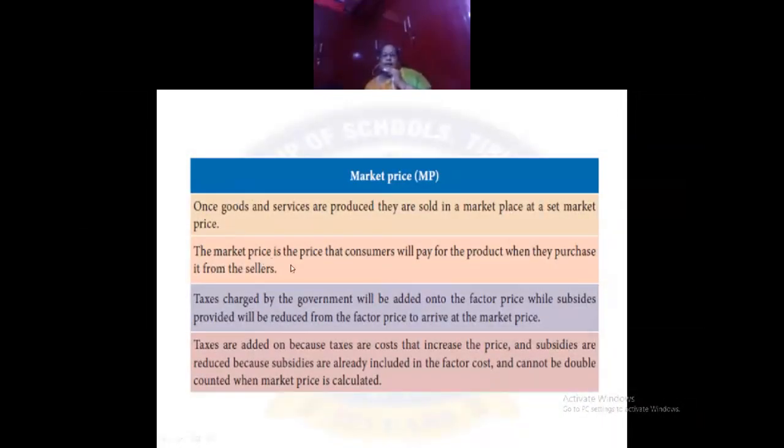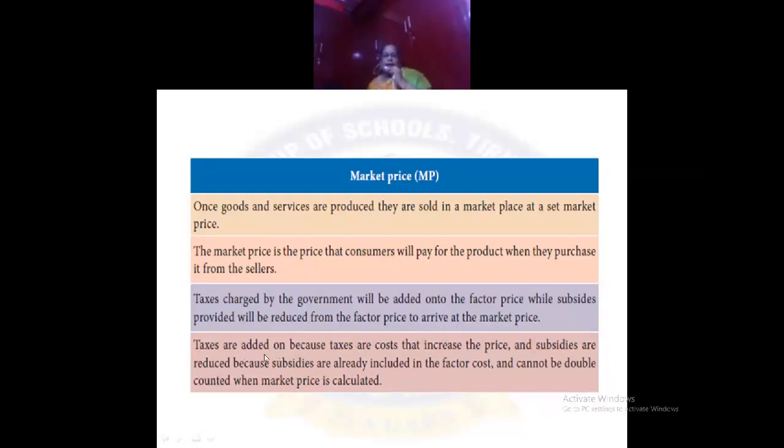The market price is a price that consumers will pay for the product when they purchase it from the sellers. The taxes charged by the government will be added on to the factor price, while subsidies provided will be reduced from the factor price to arrive at the market price.